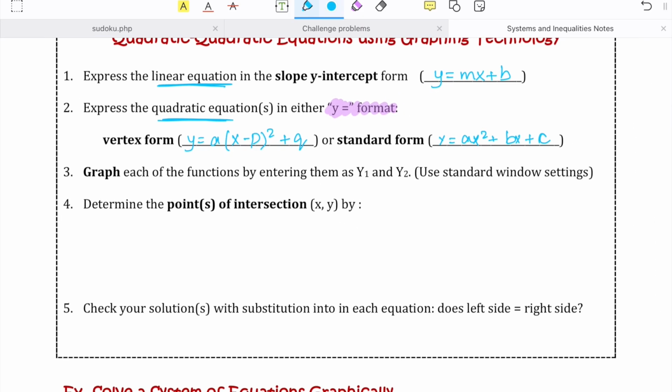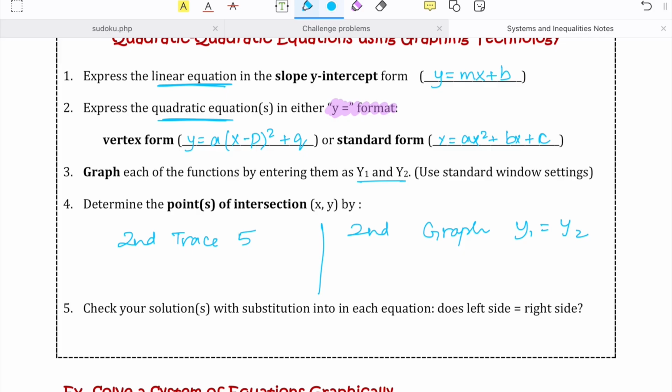Graph each function by entering them as y1 and y2. Use the standard window setting for this. Like I was saying, find the point of intersection by second trace 5, like we did before. Or you can do second graph, y1 is equal to y2, to figure out where y1 is equal to y2.